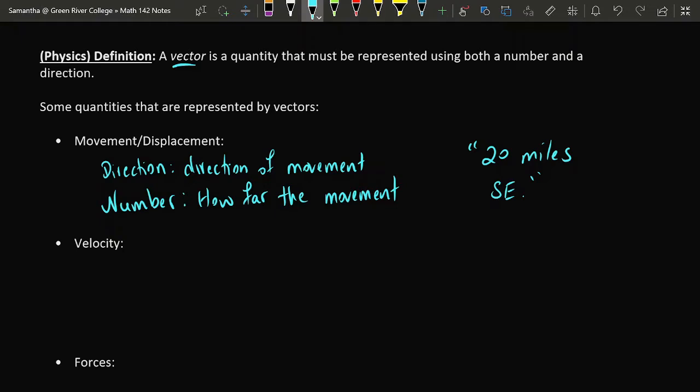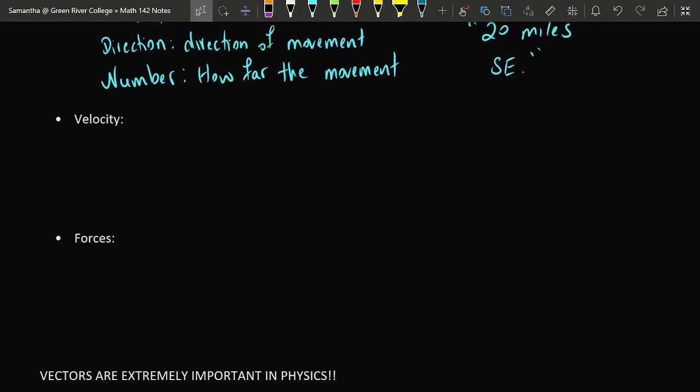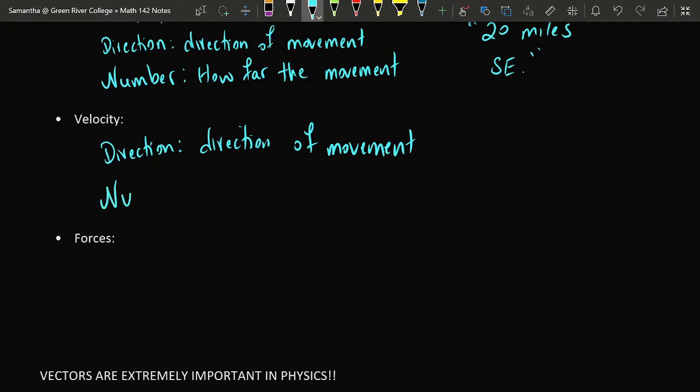Now similarly, velocities are something that are usually represented by vectors. For a velocity, we communicate both the direction of movement and in this case the number is telling you how fast the object is moving.